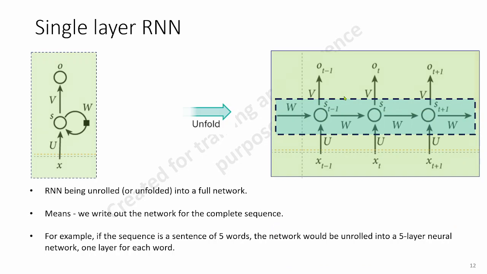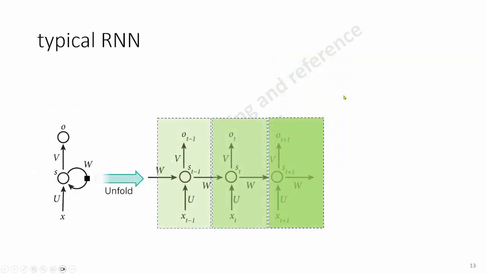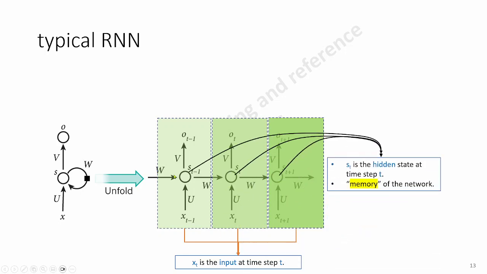Let's take a look at the other one. So a typical RNN will have the input here, denoted by xt. T means time period, and this is where the processing will happen. This processing is called hidden computation or hidden state. That essentially also means the memory of the network.